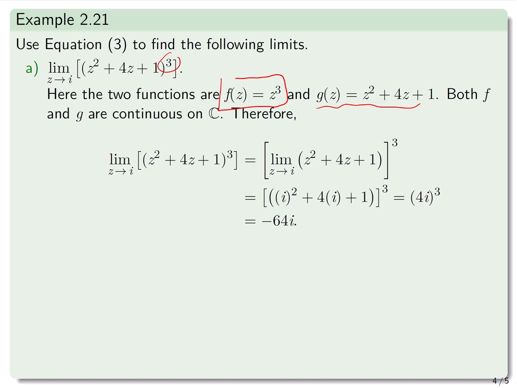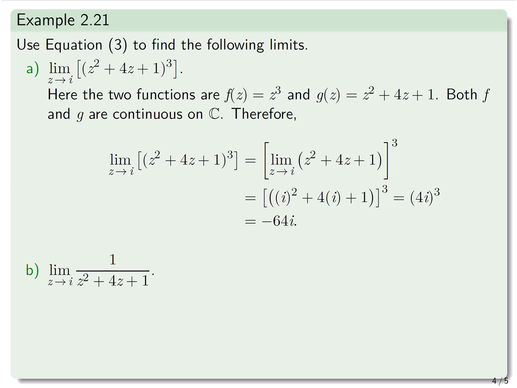Both f and g are continuous on the complex plane, so because of the continuity we can bring the limit inside. This is again a polynomial, so you plug in the values as we discussed earlier in another video, and you get (4i)^3, which simplifies to negative 64i.